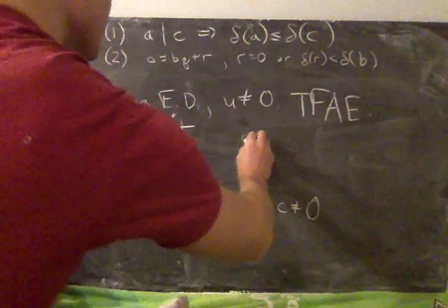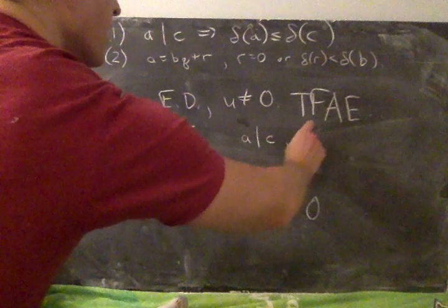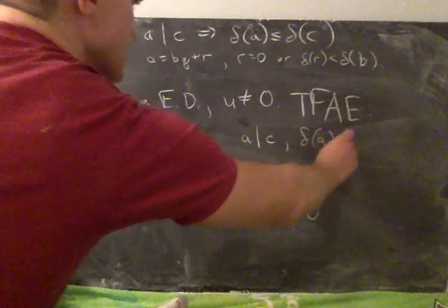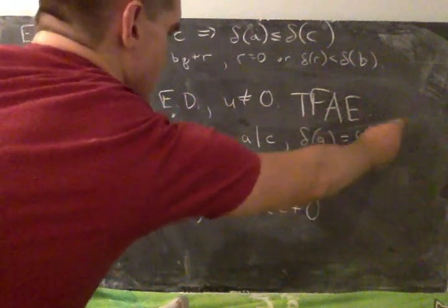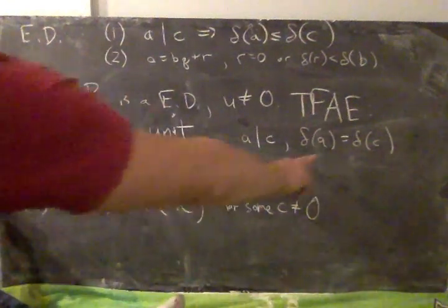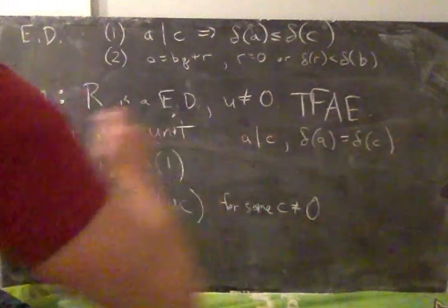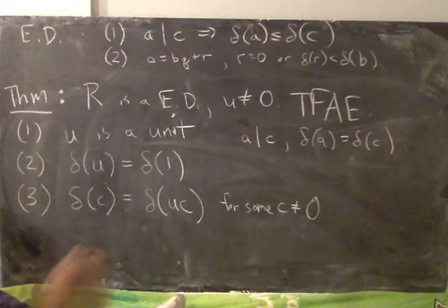So what happens when A divides C and delta of A is equal to delta of C? Then A and C actually have to be associates. They have to differ by a unit.